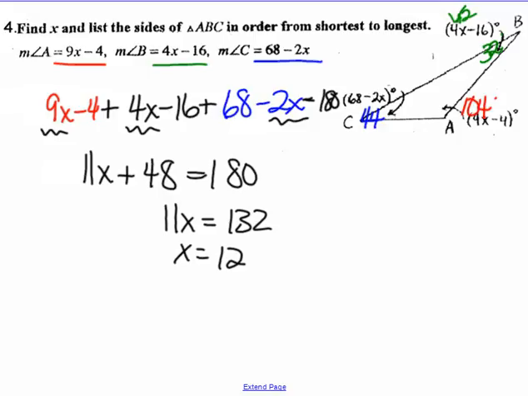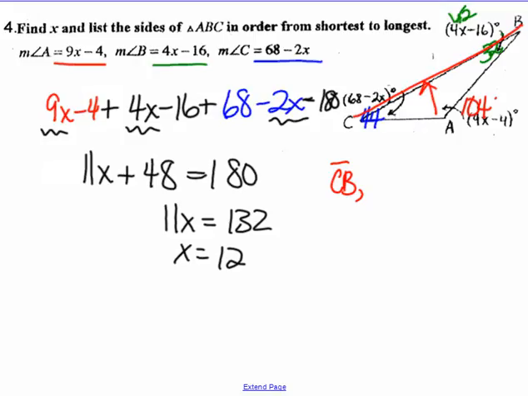Okay, so now I can tell you the longest side is going to be opposite the 104. So opposite angle A is this side over here, which is the longest side. Well, we can see that, but now let's put that theory into action. So that side is CB, the longest.